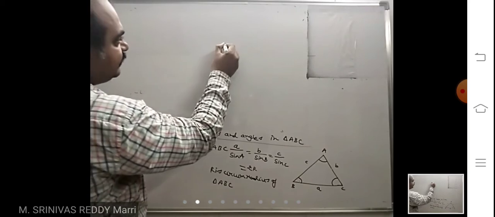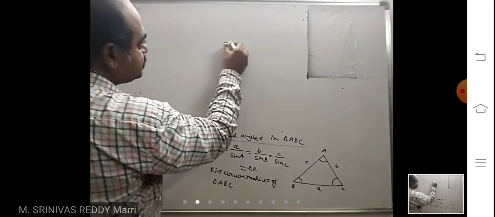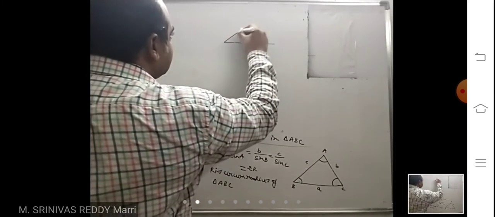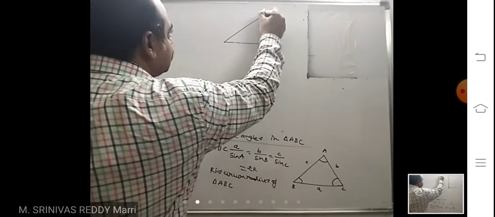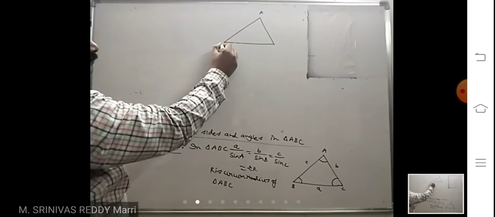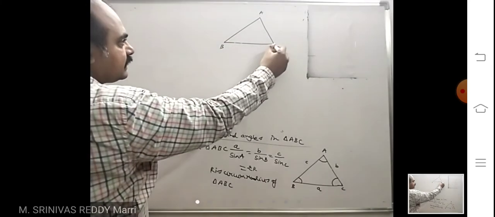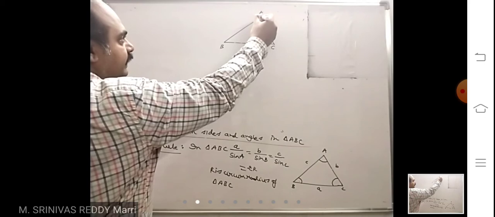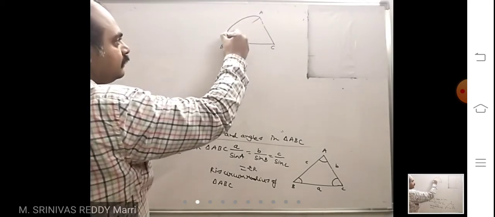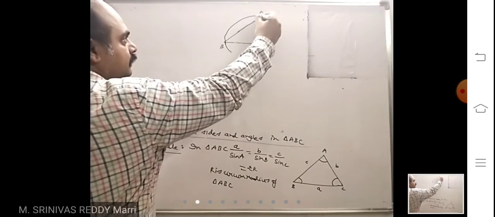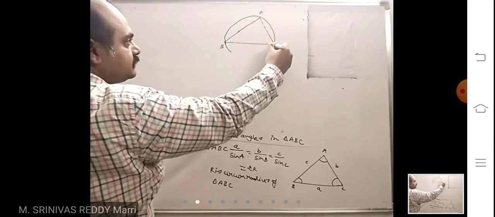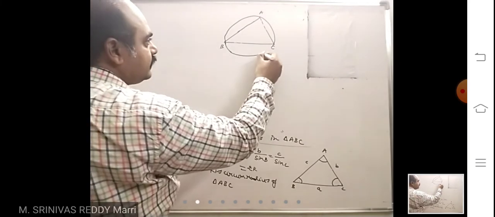Consider triangle ABC. Draw the circumcircle. I am drawing the circumcircle, just a circle passing through all the three vertices.